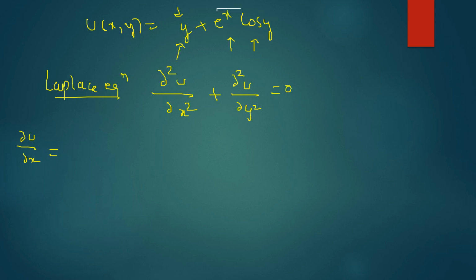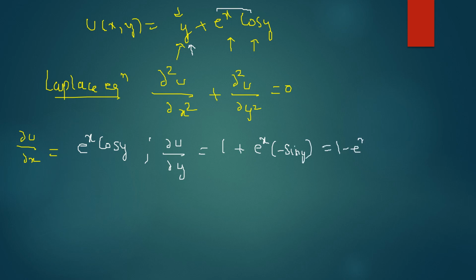Now here apply the product rule, but for cos y we have a constant thing. So e raised to power x, the derivative of e raised to power x is e raised to power x, cos y is constant here, right? Now similarly, if you find del u by del y, you will consider x as constant. So the derivative of y is 1, plus x is constant, the derivative of cos y is minus sin y. Okay? So it is 1 minus e raised to power x sin y.